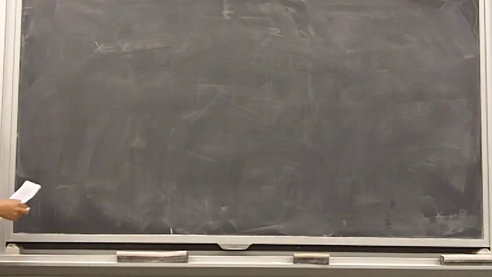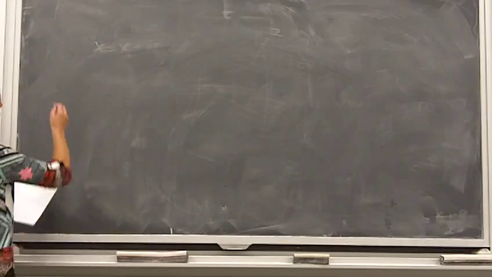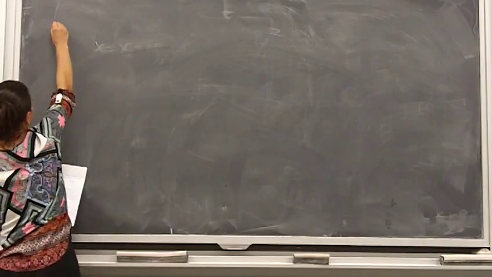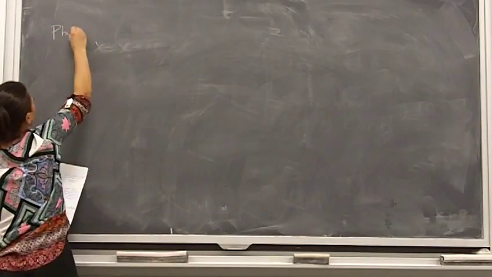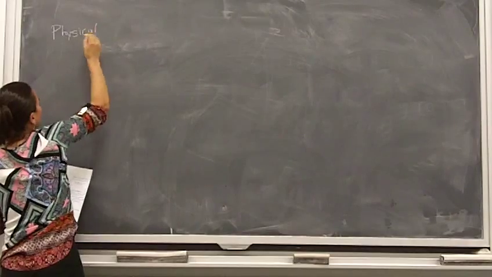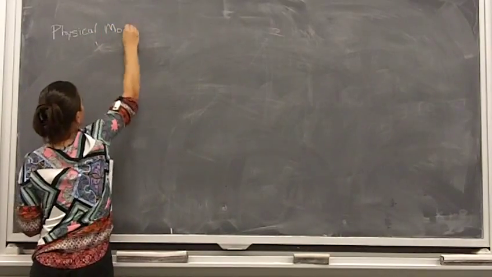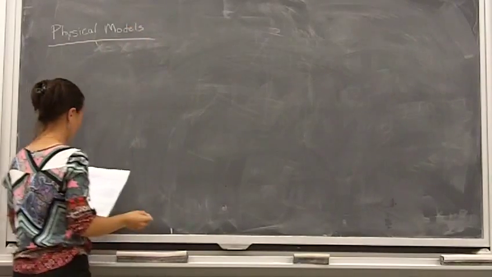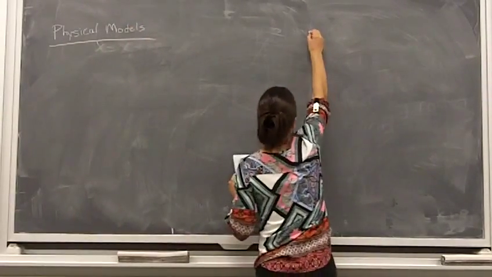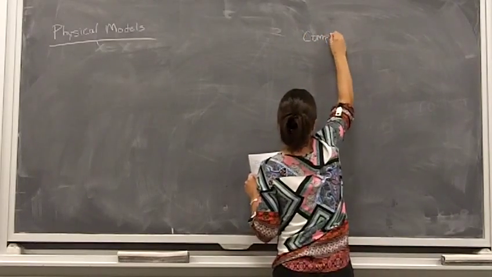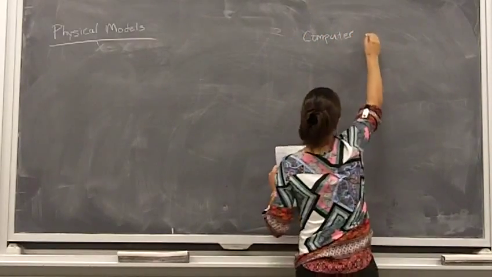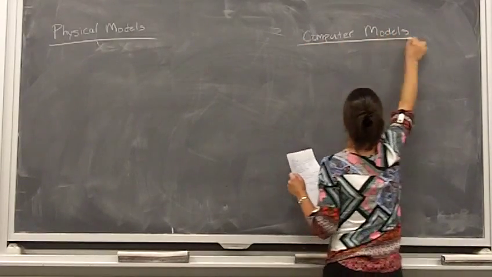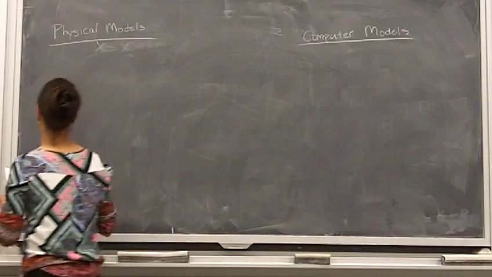I want to make a comparison of those two types, so you know why we use both types. Okay. So physical models we're not going to use in lab, but you are going to use them in workshops this week. Okay. So that's why we're going to go through this exercise of understanding both of them. It's a good idea to know why you use each set of them, okay? And then computer models are what we're going to use in lab this week.